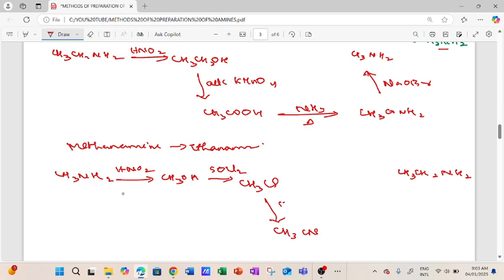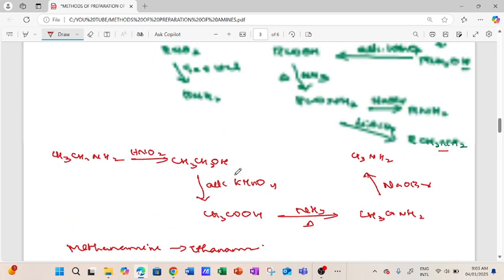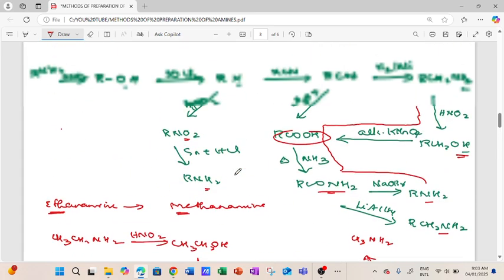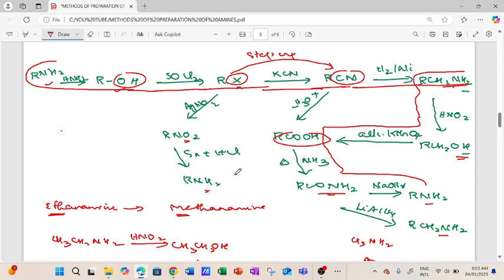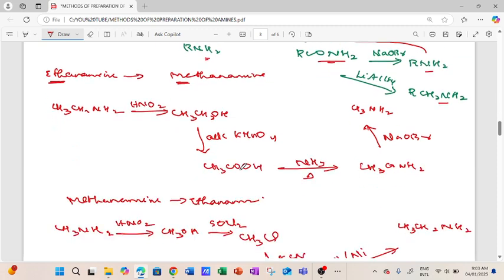Cyanide you prepare by adding KCN, and then from CN we change it into RCH2NH2 by reduction in presence of nickel. Okay, so these are some of the important types of conversions that can be asked in this lesson. So learn this mind map thoroughly from this method of preparation, because this lesson is connected with even the other lessons like haloalkanes and haloarenes and also aldehydes, ketones and carboxylic acids.